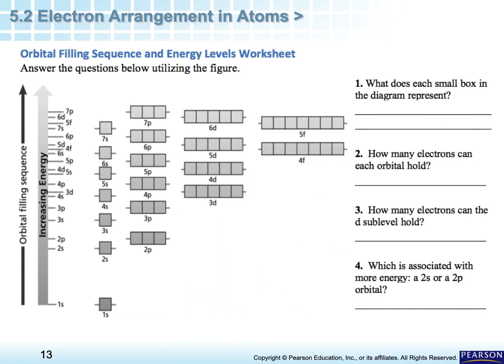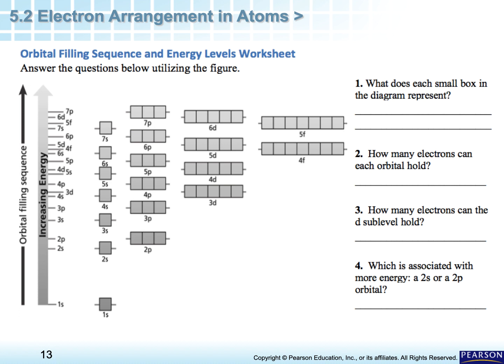So this is what we call an orbital filling sequence or an energy level diagram. And you'll see that it's the same thing as Aufbau, except it's written in 2 dimensions. If you look on the left, it says orbital filling sequence and it says increasing energy. If you are going through this 1s, 2s, 2p, it's the same thing as Aufbau that's on the bottom of your periodic table.